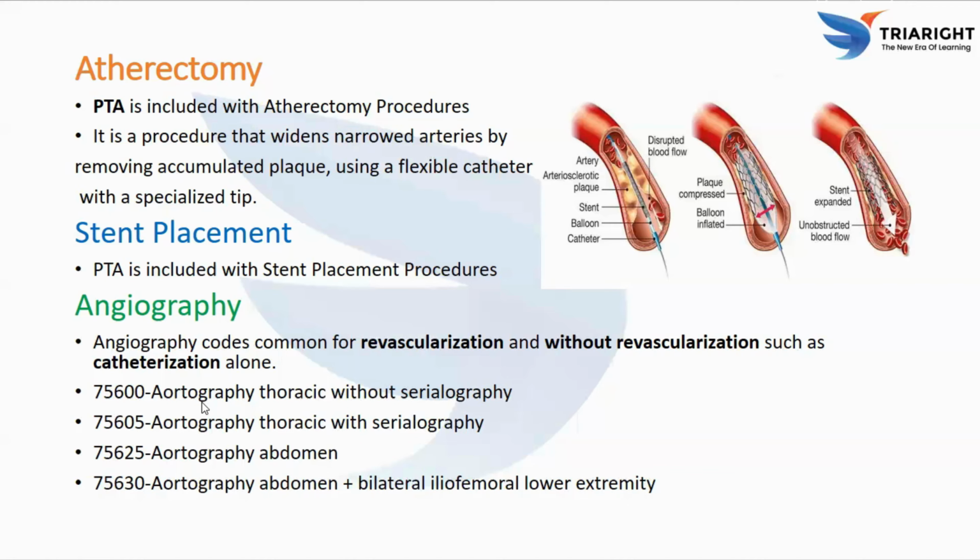75600 is a thoracic aortography without serial imaging. In this there is single plane imaging, and it gives only limited diagnostic detail. Whereas 75605 is a thoracic aortography with serial imaging, involving multiple images over time, with a better flow assessment. 75625 is abdominal aortography, which evaluates the abdominal aorta and its branches. 75630 is abdominal aortography plus bilateral iliofemoral runoff.